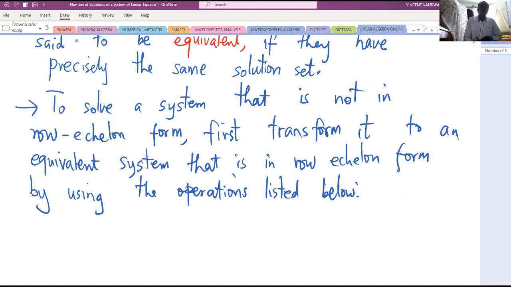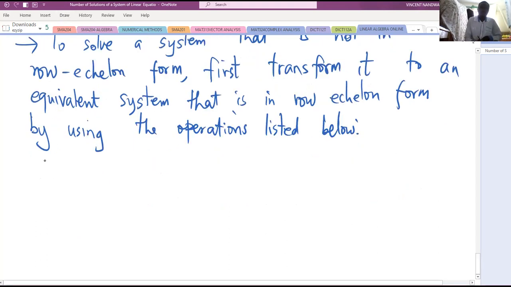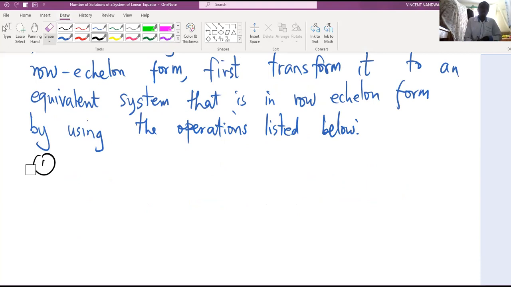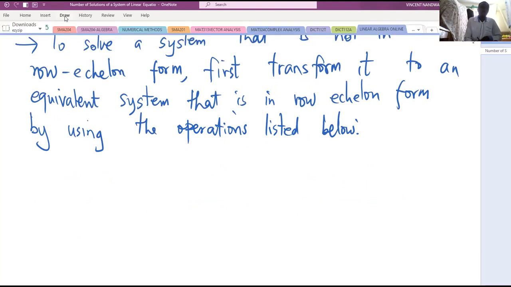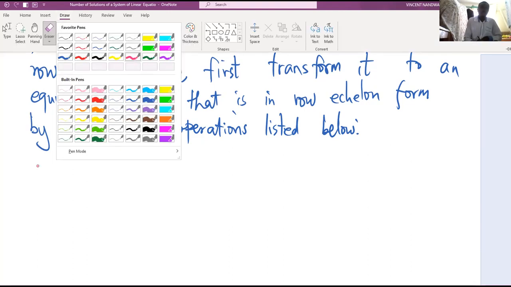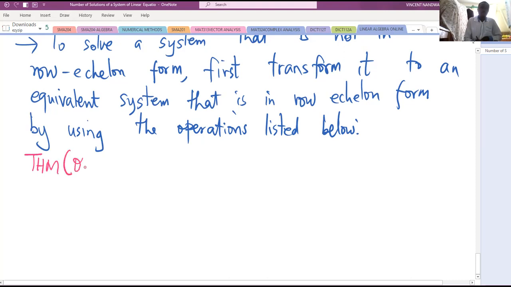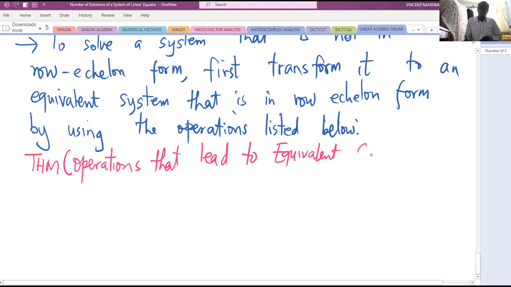So let's put it in the form of a theorem. Theorem: operations that lead to equivalent systems of equations.